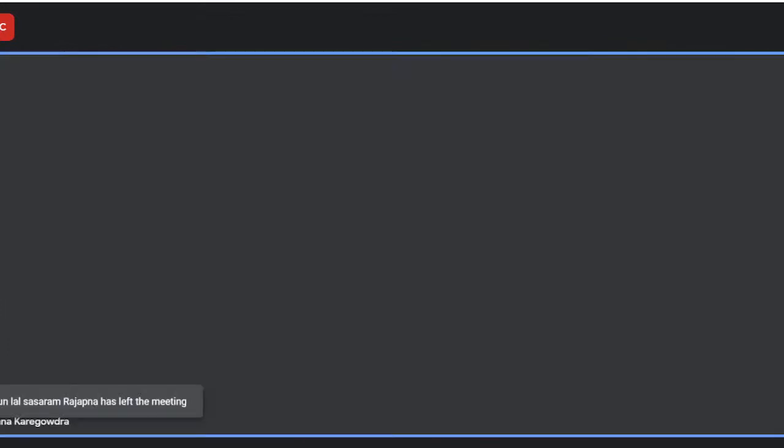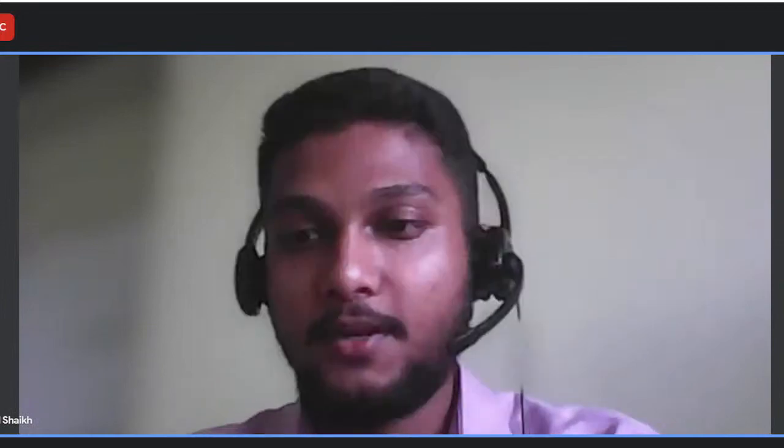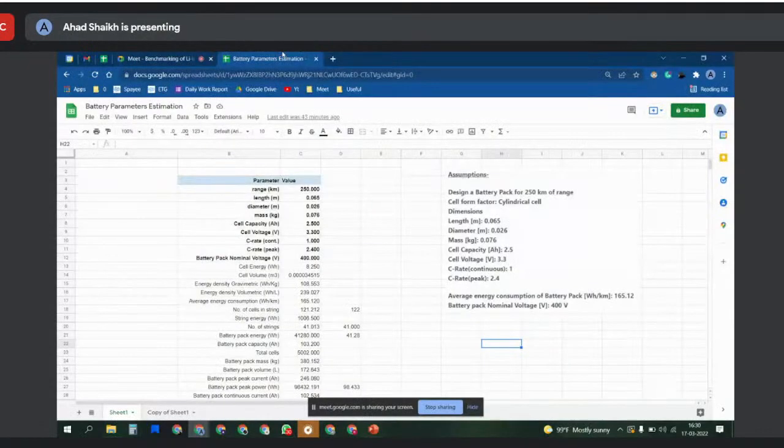Has anybody started indigenized manufacturing of lithium-ion batteries for electric vehicles in India? Yeah, not the big players, but some startups have been setting up their own lithium-ion battery manufacturing plants.